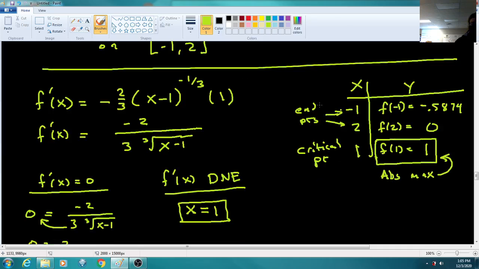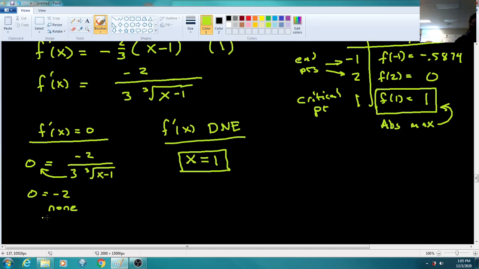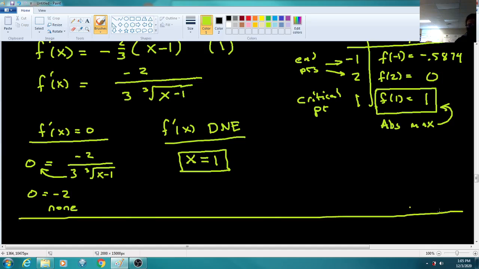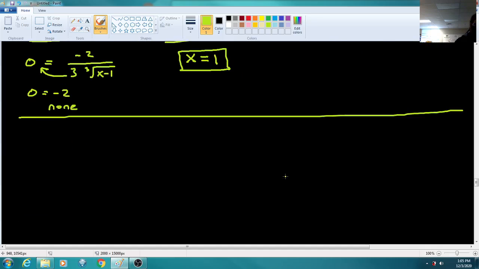So we got our critical points and our endpoints. We checked them, so the largest y value returned was our maximum. So our maximum value was 1 in that case.